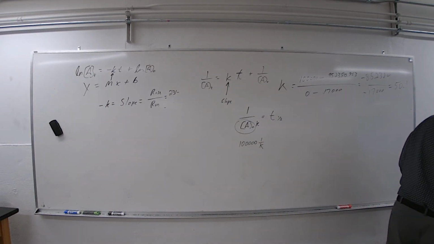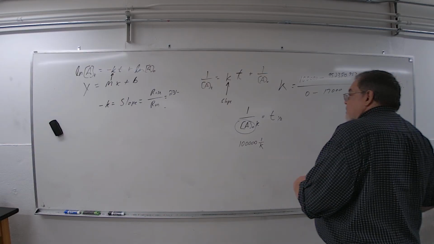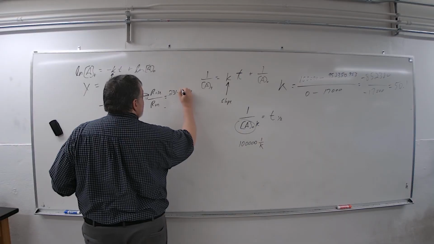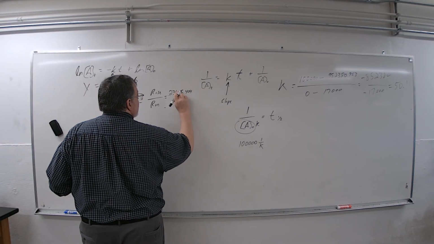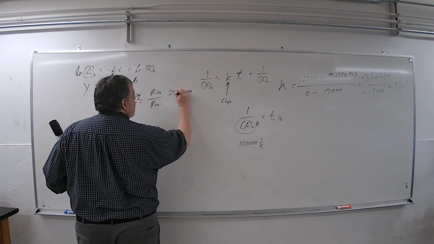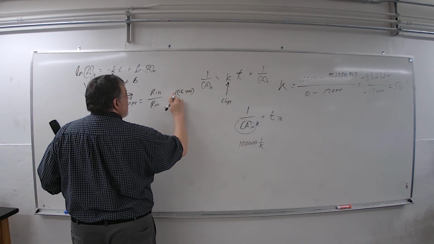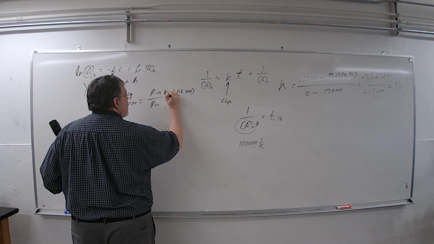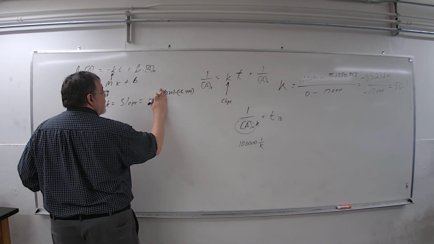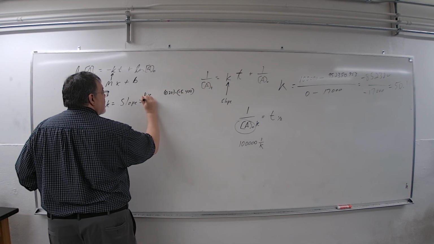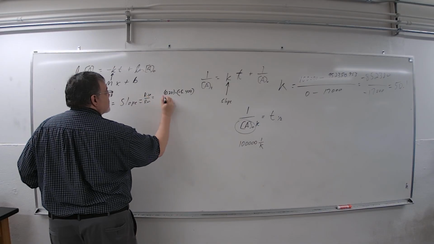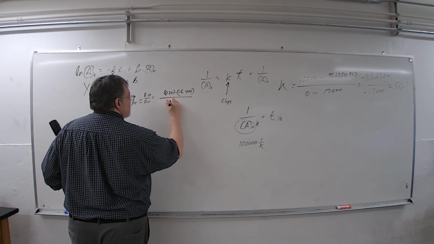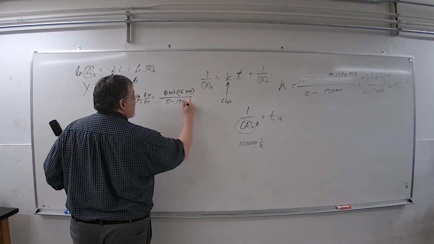That's 5.404. Rise over run equals that, and I use my first value to this, so on the bottom it's 0 to 1700.